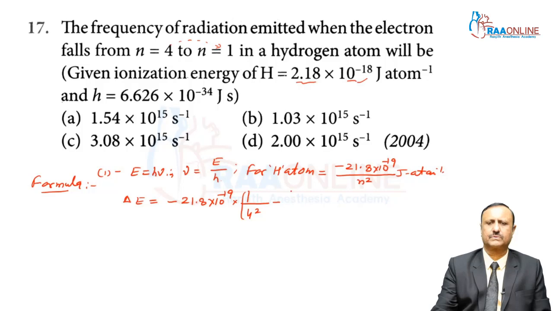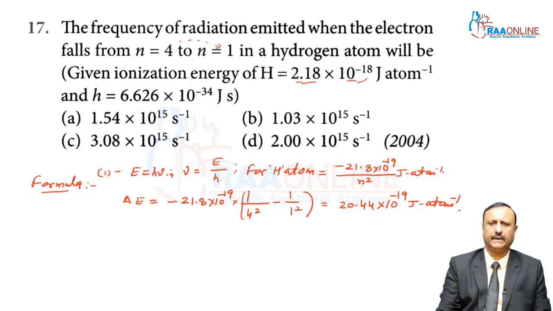Because the electron goes from 4 to 1, it is 1 upon 4 square minus 1 upon 1 square. When you multiply these values, you get 20.44 into 10 to the power minus 19 joule per atom.